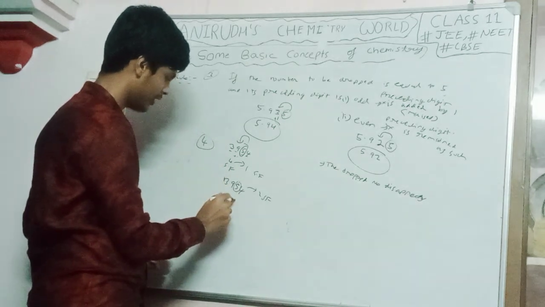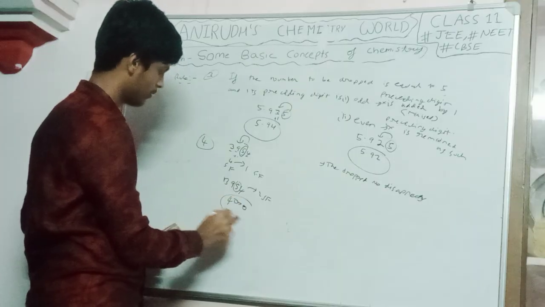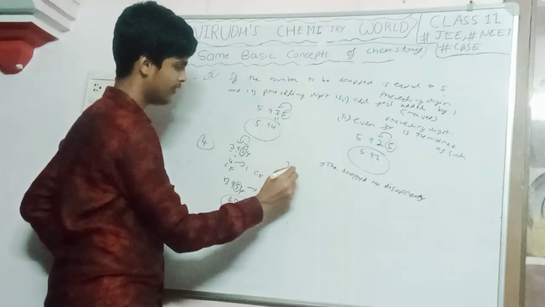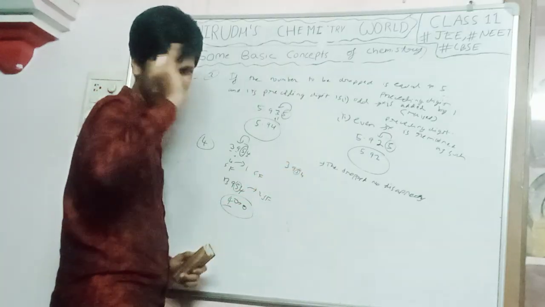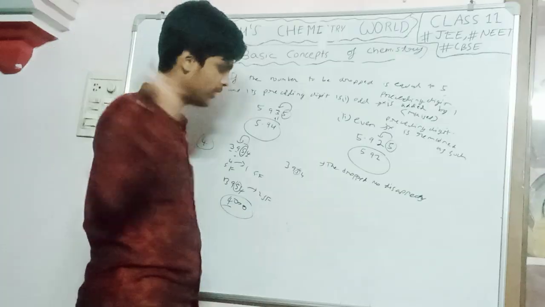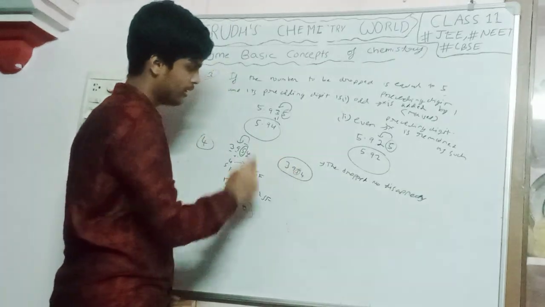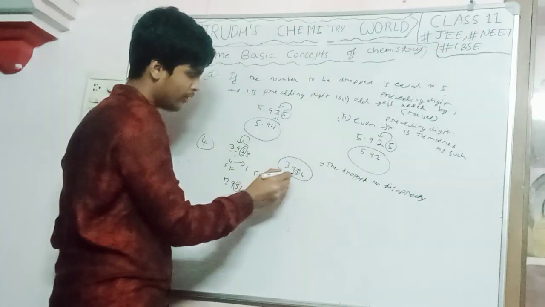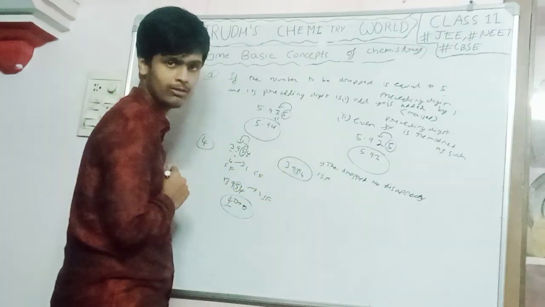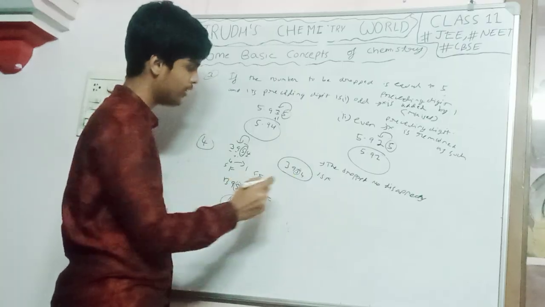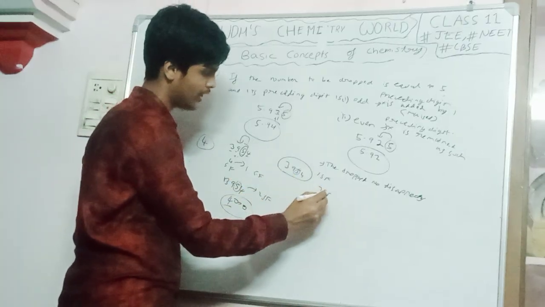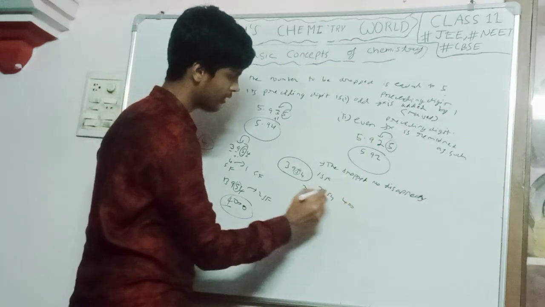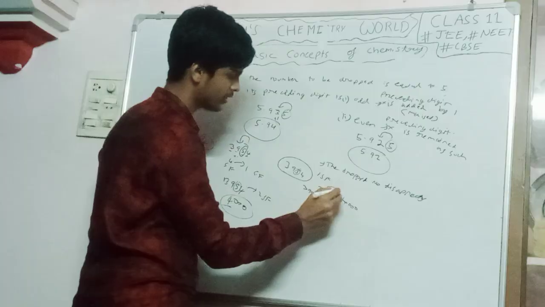You will only have 1 significant figure here. Just understand basically, don't go in depth. 3954 has 4 significant figures. What is only possible is, 3954 lies between 3000 and 4000, and it is close to 4000.